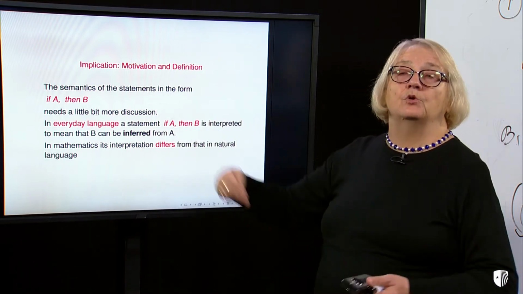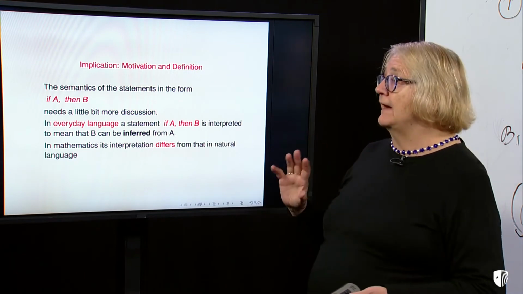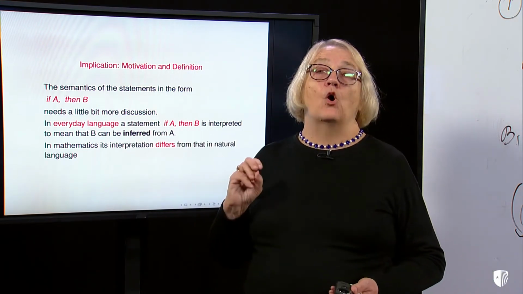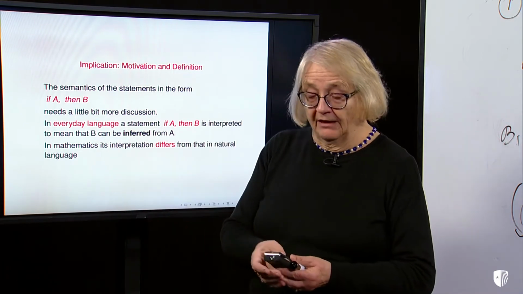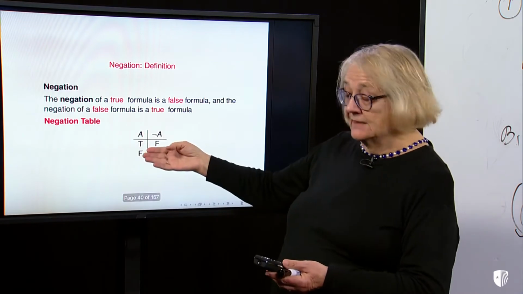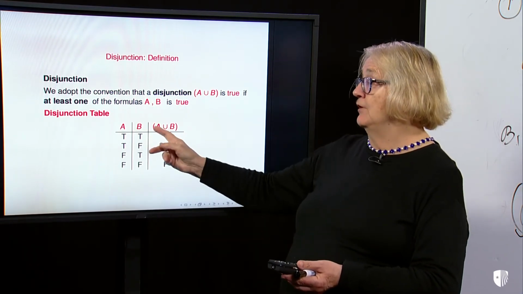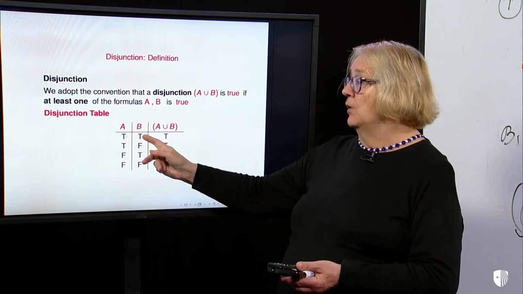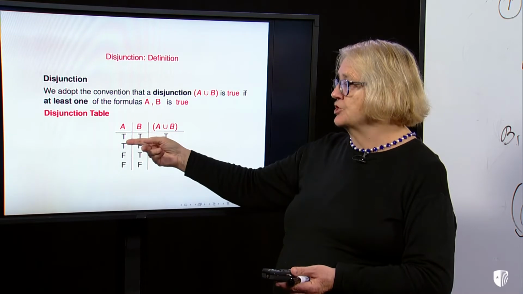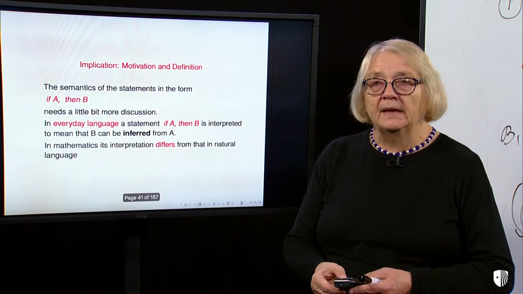I will define how we do it in mathematics. The logical value of implication depends only on the logical values of the parts A and B, as it was in the case of disjunction. The logical value of A or B depends only on which logical values were assigned to A and B, and implication would be the same.